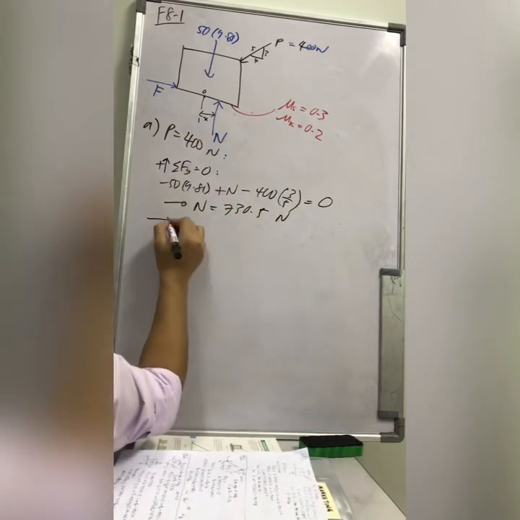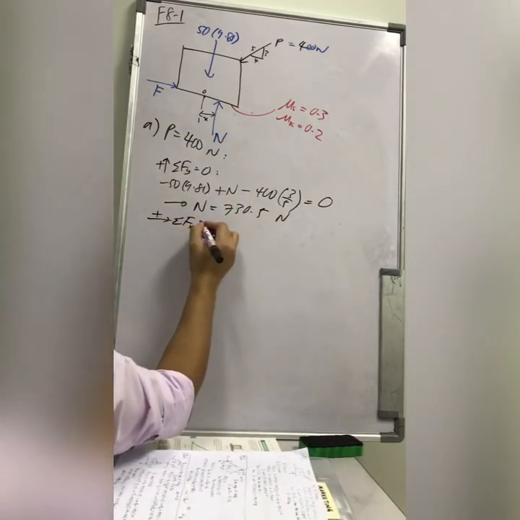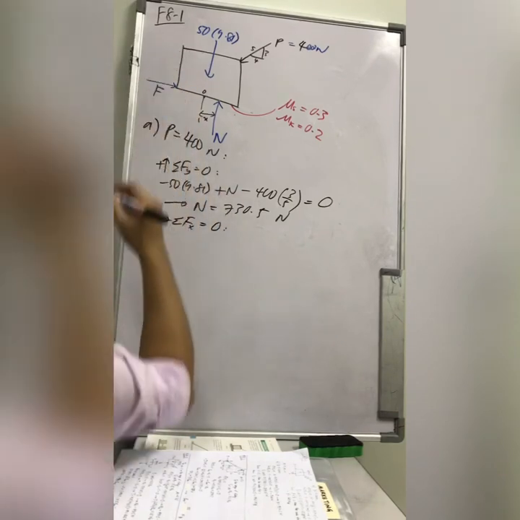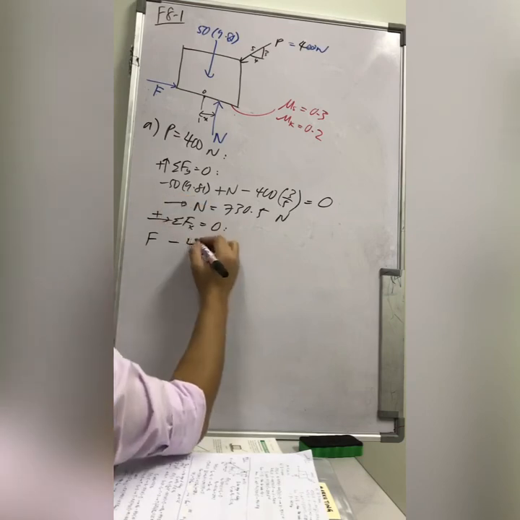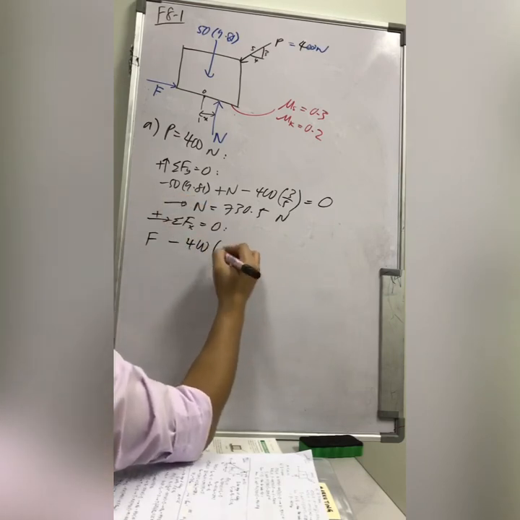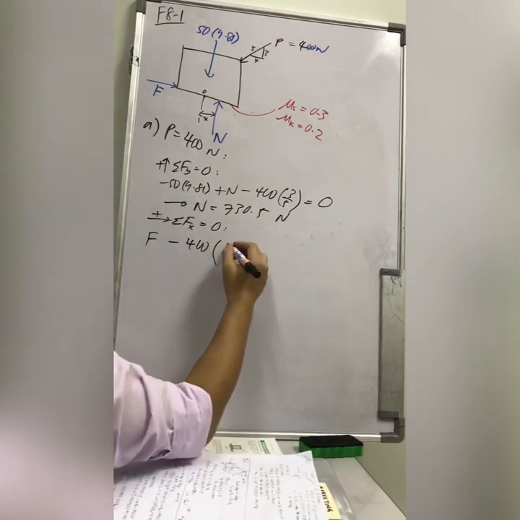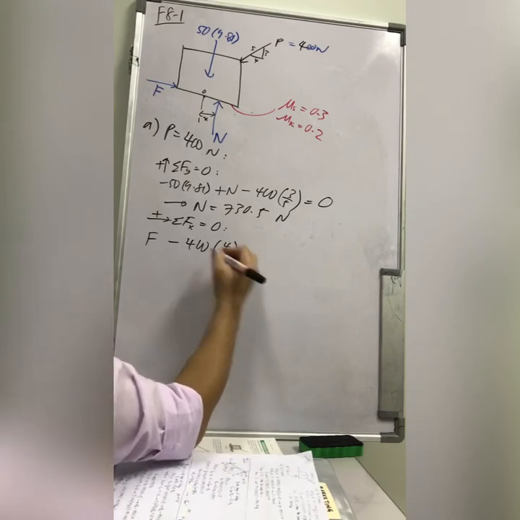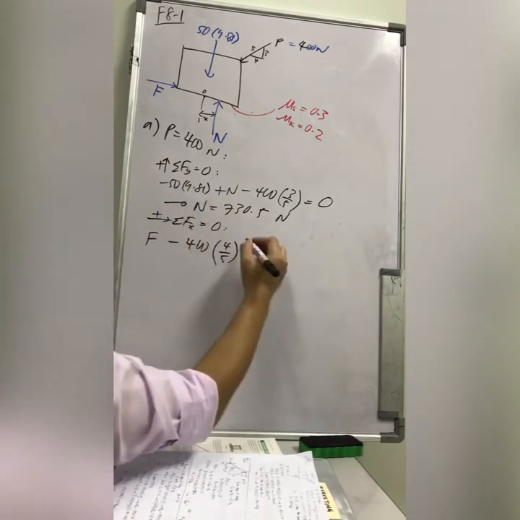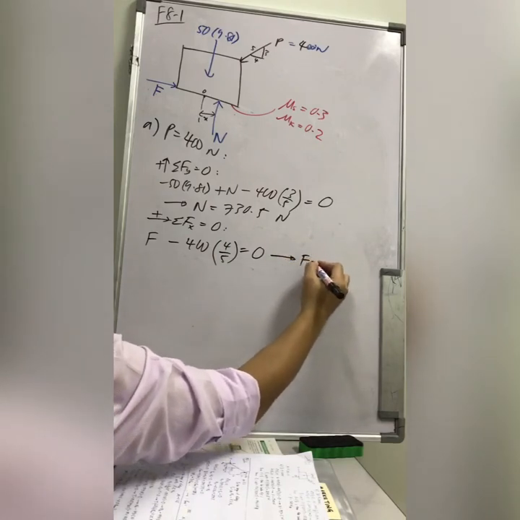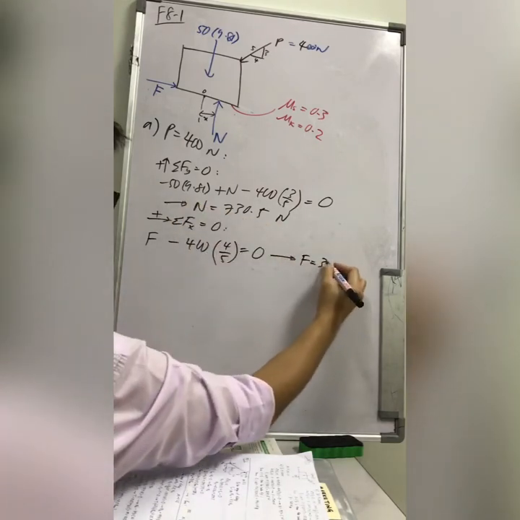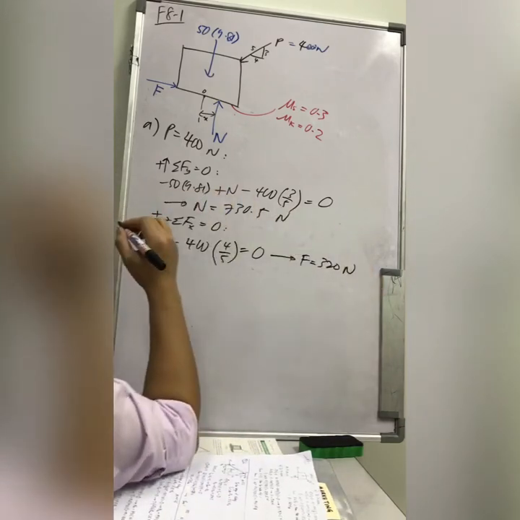Then you do ΣFx equals 0 because you want to find the friction force F. You have F minus 400 times 4/5, the x component, equals 0. So from here, your friction force in this case is 320 Newton.